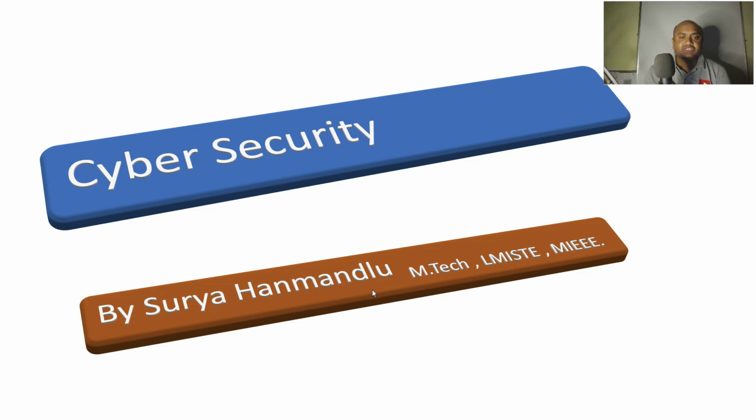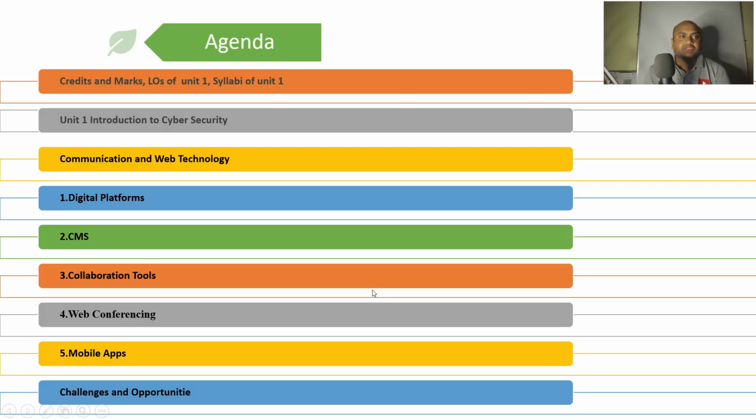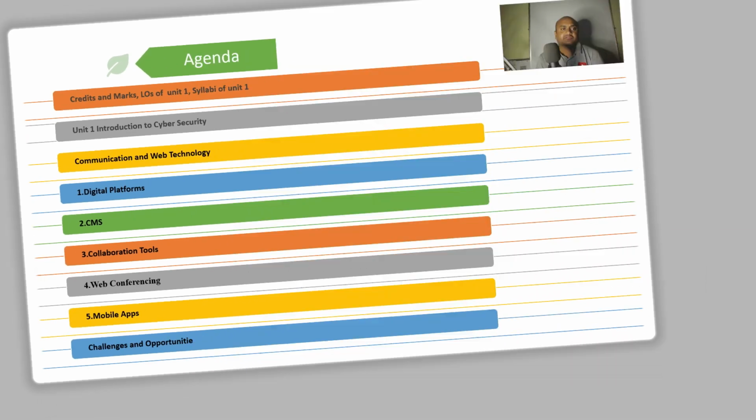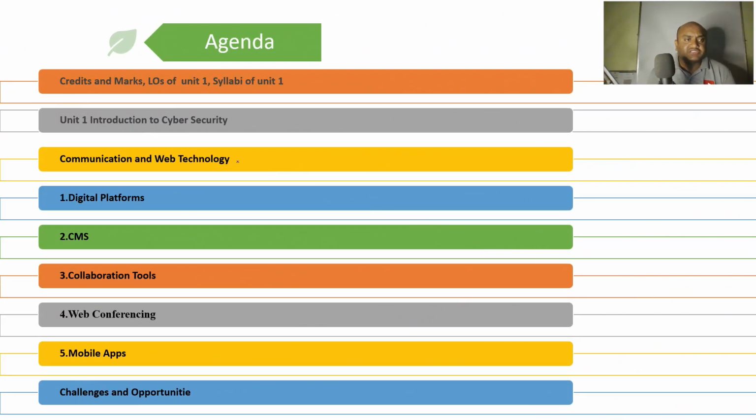Coming to the next slide, the agenda for today's discussion is, as usual, I will quickly introduce the credits, how many marks there are, the list of outcomes of Unit 1 and the syllabus of Unit 1. Then we will go ahead with Introduction to Cyberspace.